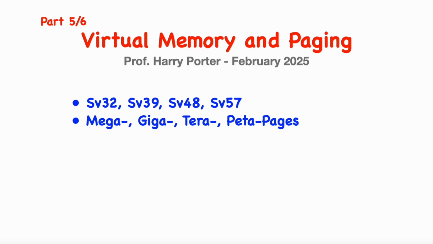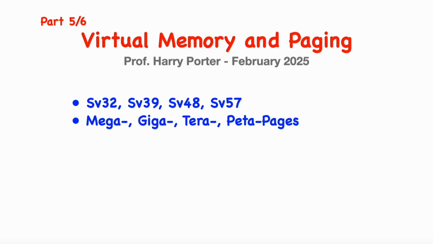In this video, I'll be describing and comparing the Sv32, Sv39, Sv48, and Sv57 paging schemes that are used in RISC-V. The formats for the virtual addresses, the physical addresses, the page table entries, and the page tree nodes for 64-bit machines are very similar to the 32-bit machines, but the details are slightly different.